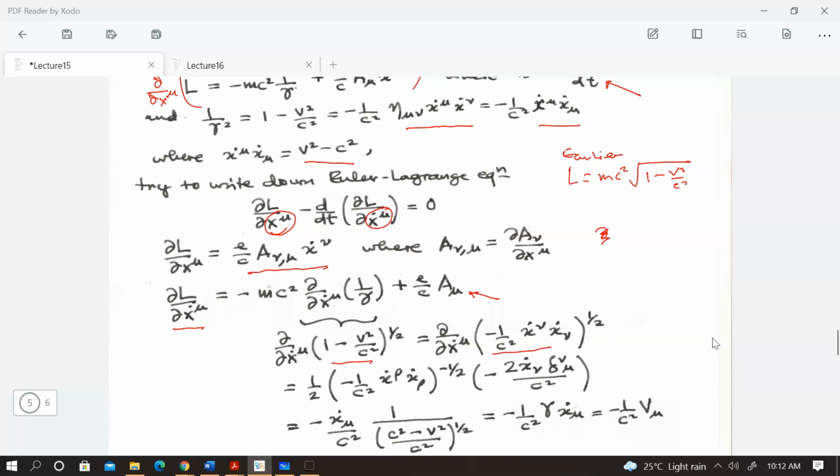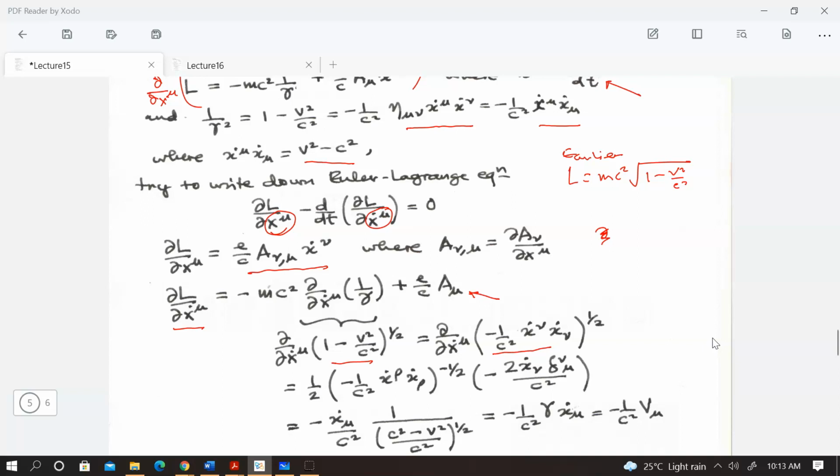Okay. So now, how do you differentiate this? So remember, here is actually a function here, a square root. So you take the derivative with respect to the square root first. So you get 1 over square root, and then you have a factor of a half. Okay, and then you differentiate what's inside. So there are two x dot here. One is x dot nu on top, x dot nu at the bottom.